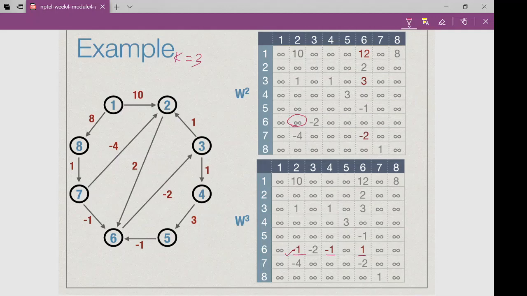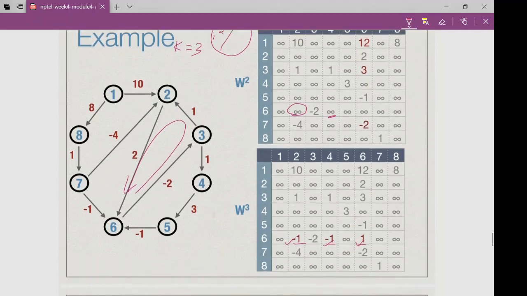Then there is a path from 6 to 4, again with -1 value, which was previously infinity. Then we have the 6 to 6 path. Previously it was infinity, but we find a path using the restricted nodes. We can use only nodes 1 to 3, and using these nodes in between, we have a path from 6 to 6 with weight 1. So we update that as well.